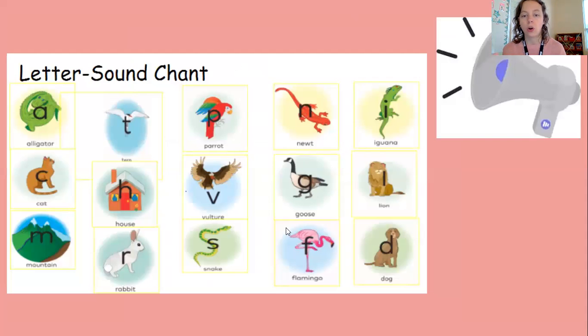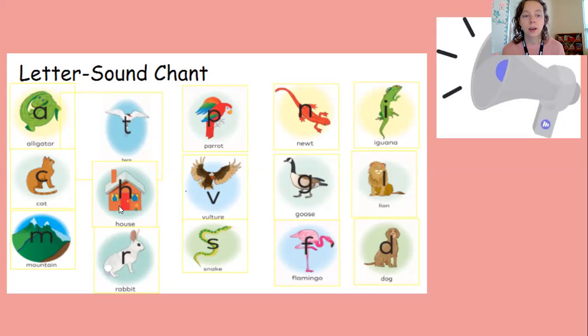Okay, and so here are all of the letters we've been learning. Just to review them. A says alligator. T says turn. P says parrot. N says newt. I says iguana. C says cat.